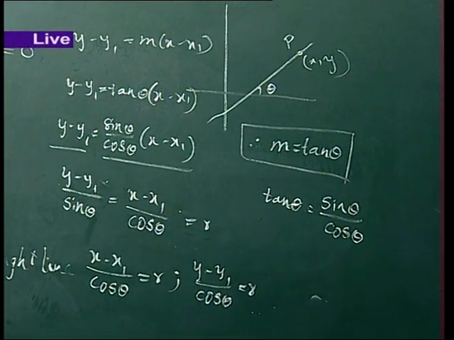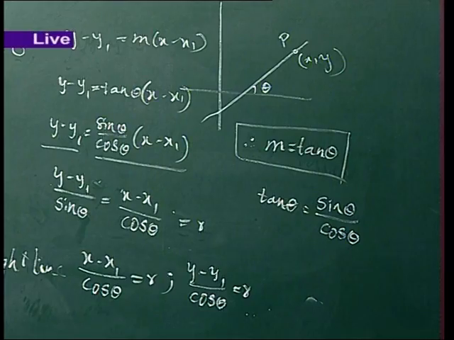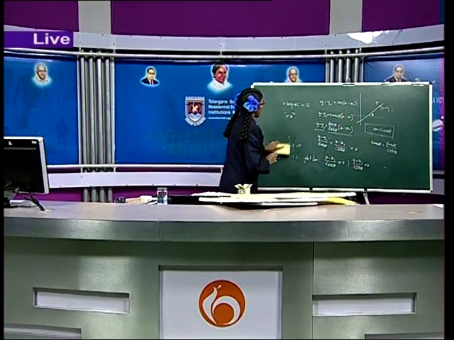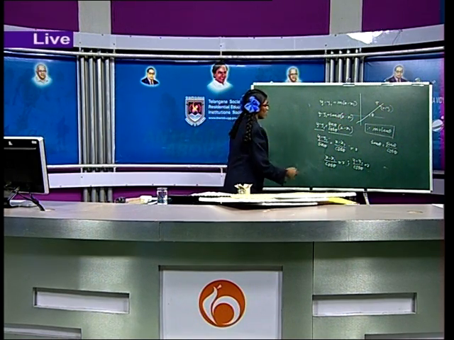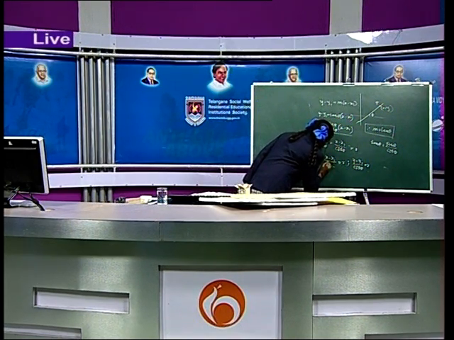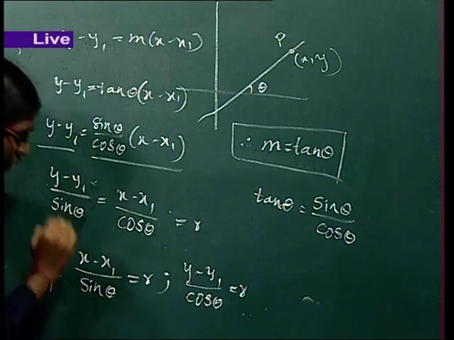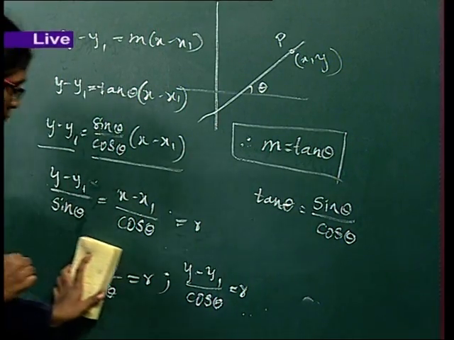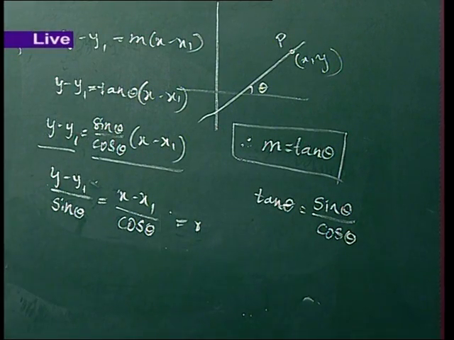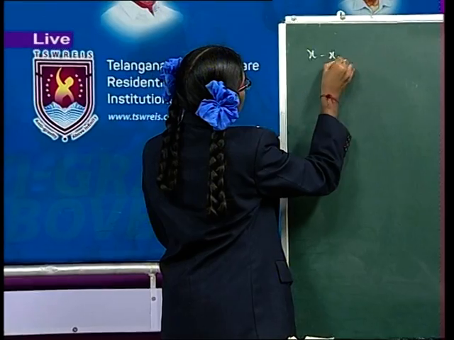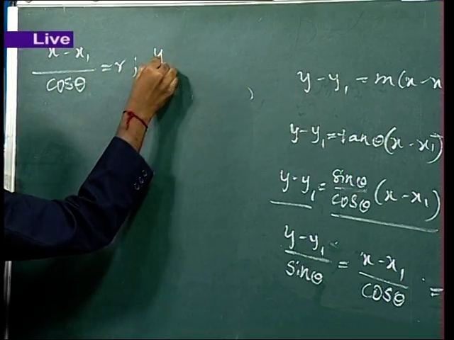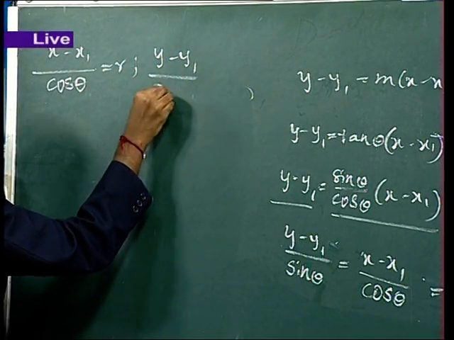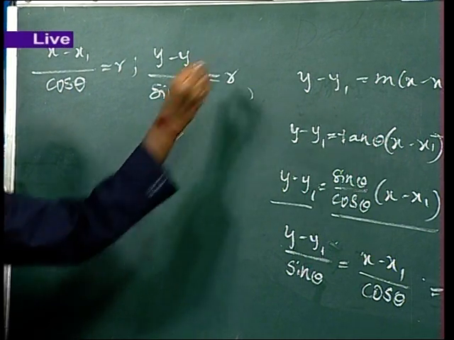Okay friends, we assume that x minus x1 by cos theta is equal to r and y minus y1 by sin theta is equal to r.